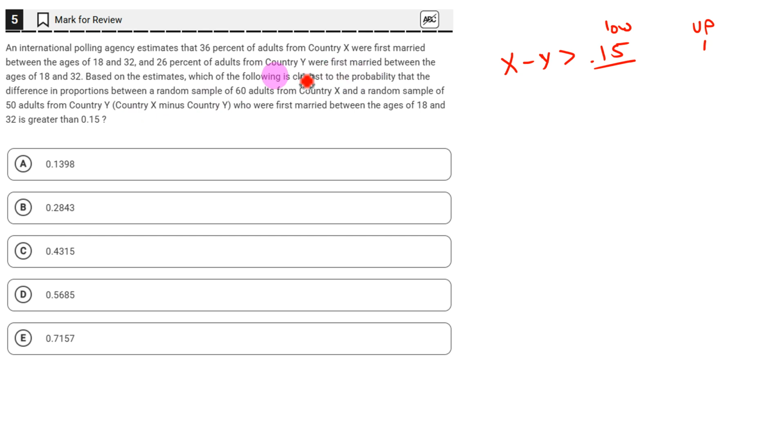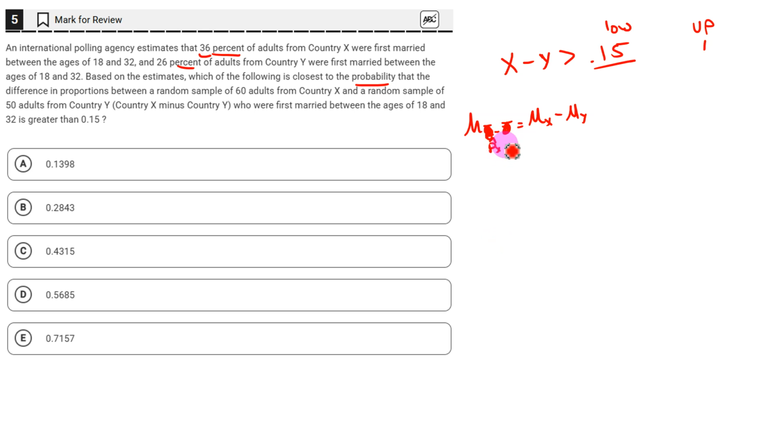Let's see, probability, it's usually 36%. When we see percentages, we think of proportions. So we need mu of X bar minus Y bar equals mu of X minus mu of Y. So mu of X, oh, this is not this, I'm sorry. I apologize.